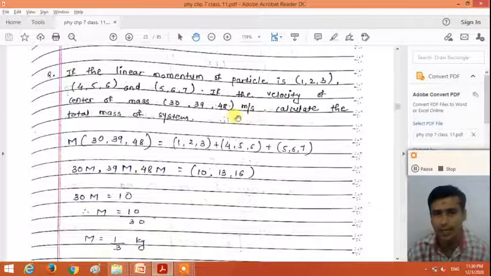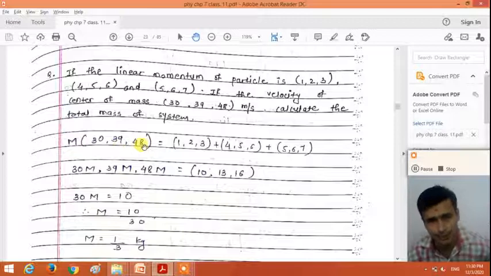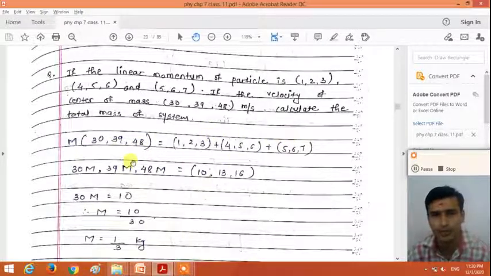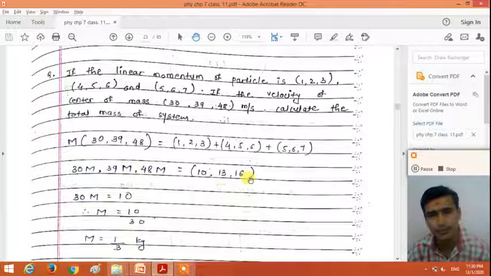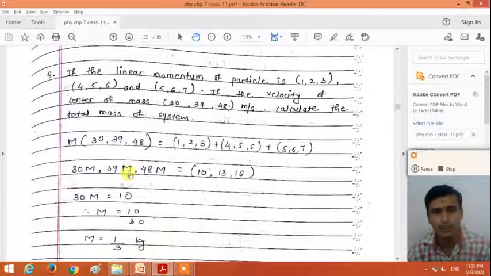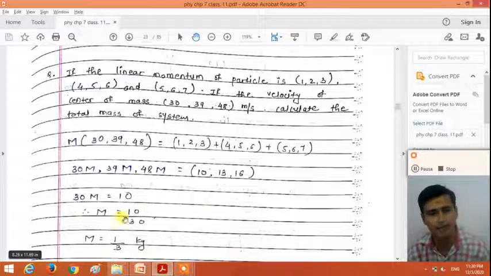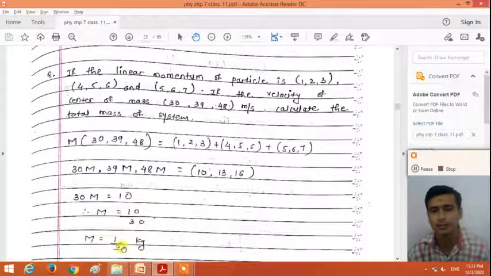We know the formula: m V_cm is equal to P1 plus P2 plus P3. So m times (30, 39, 48) equals P1 plus P2 plus P3, which we get as (10, 13, 16). Comparing the x coordinate, we get 30m equal to 10, so m is 10 by 30, which is 1 by 3 kg.